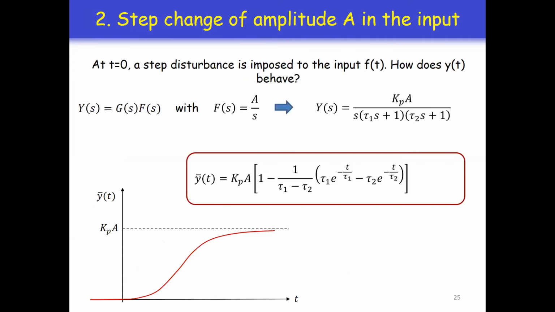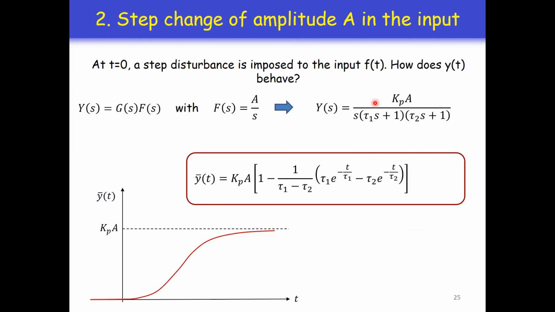Second scenario: a step change of amplitude A in the input. How will the second order overdamped system respond? Simply multiply the transfer function by the Laplace transform of the step, A over s, and you get the response in the Laplace domain.